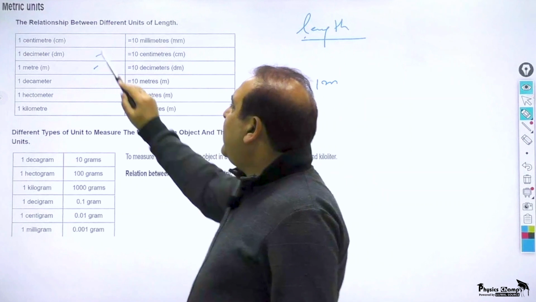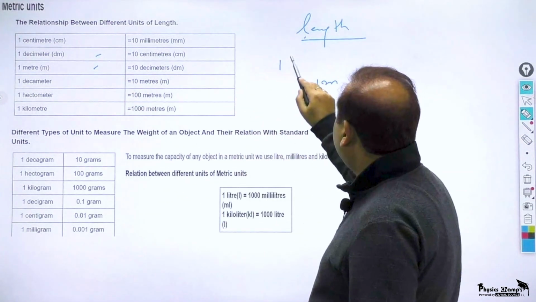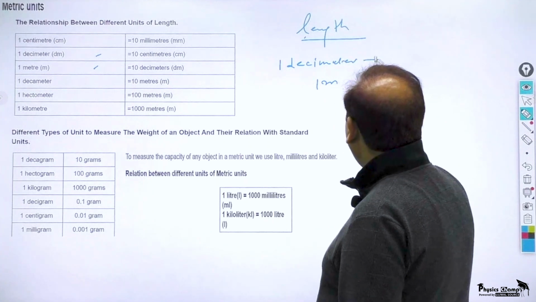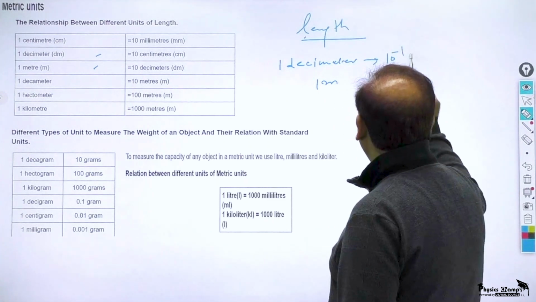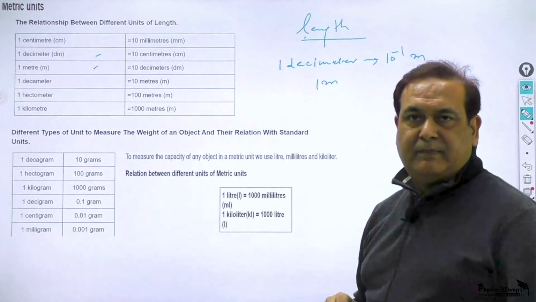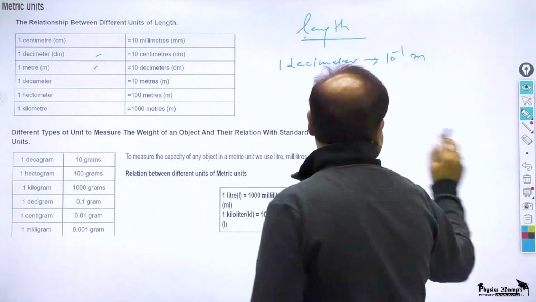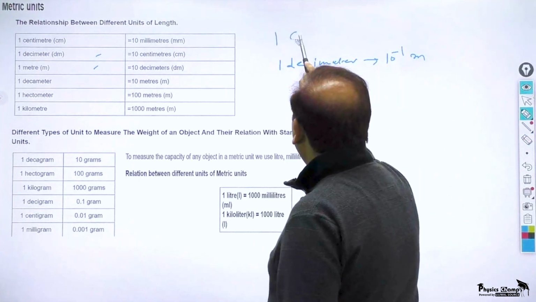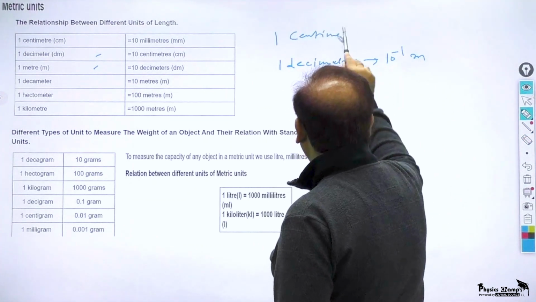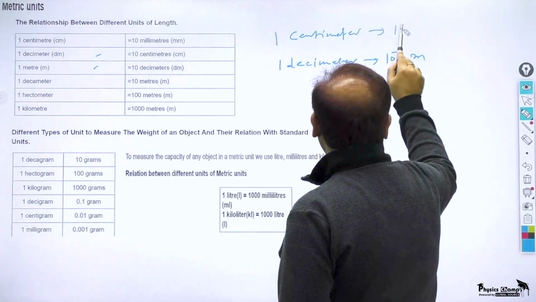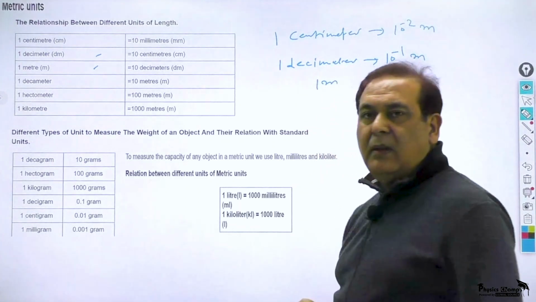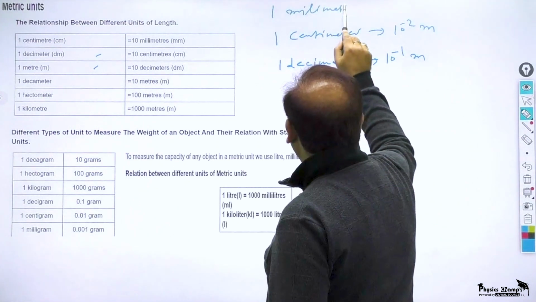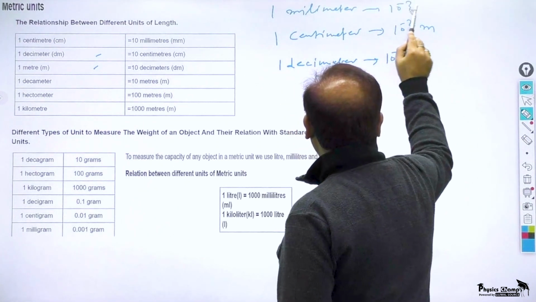Then comes 1 decimeter, that comes out to be 10 to the power minus 1 meter. 1 centimeter is 10 to the power minus 2 meter. 1 millimeter is 10 to the power minus 3 meter.